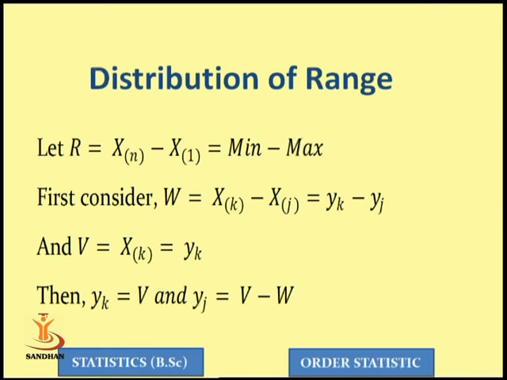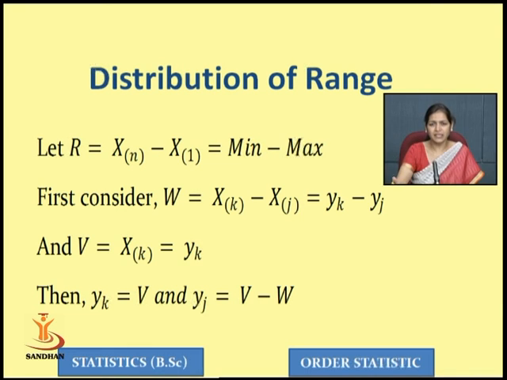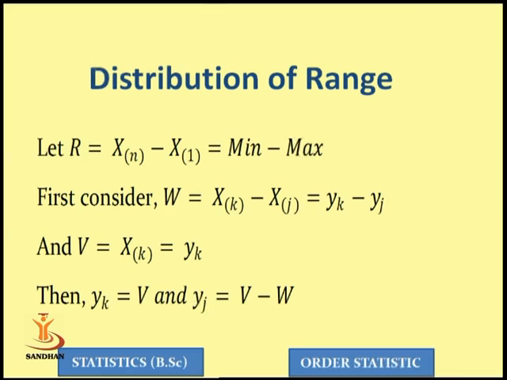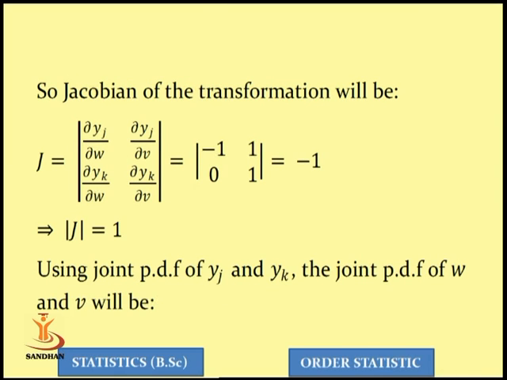So suppose we consider w as xk minus xj, and suppose we take v as yk or xk. Then this w and v are now transformed in terms of yk and yj, and now we want the distribution of v and w from the distribution of yj and yk.